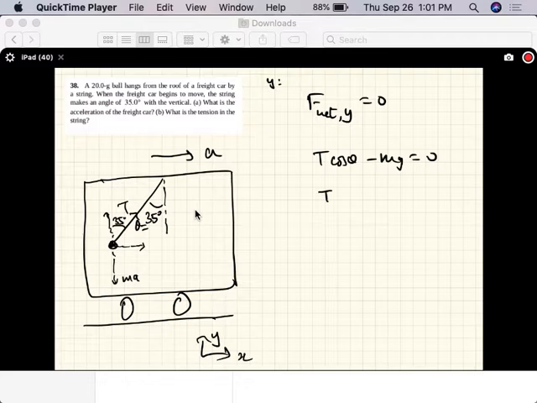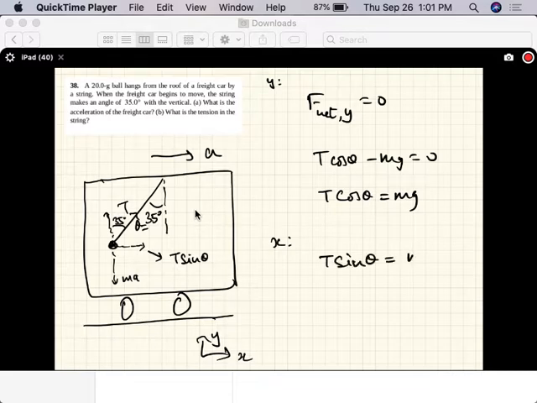And the x component of the equation: T sine theta is equal to m times a.